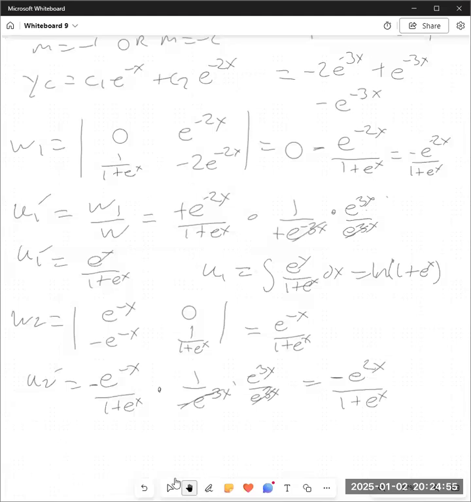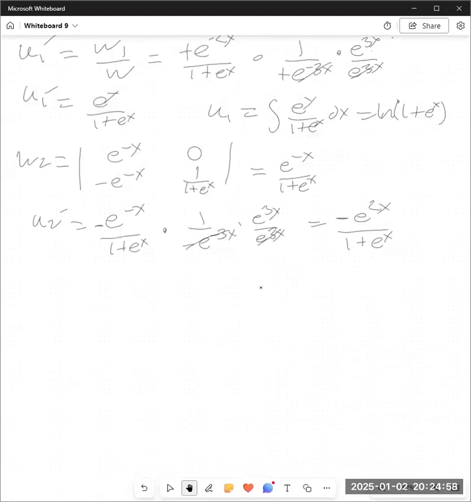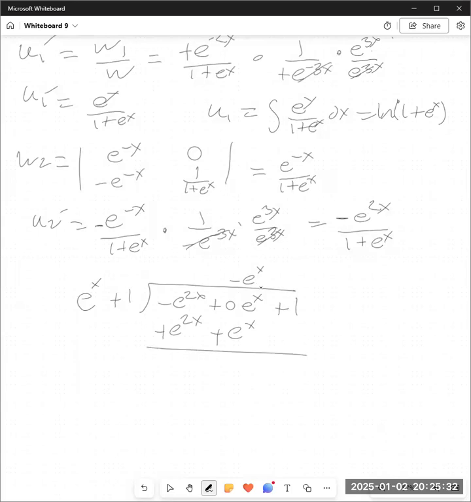Because the degree of the top is higher, I'm going to do long division here. e to the x plus 1 is my divisor, and negative e to the 2x plus 0 e to the x plus 1. Thinking of that as a polynomial in terms of e to the x, where that's e to the x squared right there. So this is going to be a negative e to the x, gives me a negative e to the 2x, and then that's minus e to the x, plus plus. When I change my signs, e to the x, bring down the plus 1.